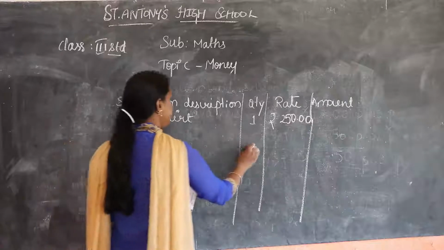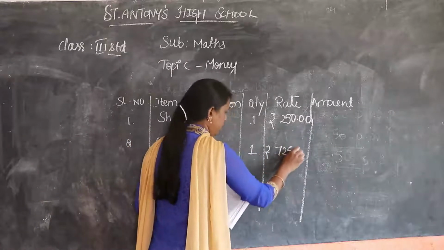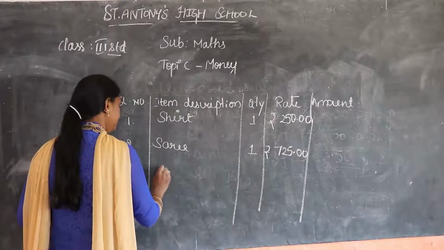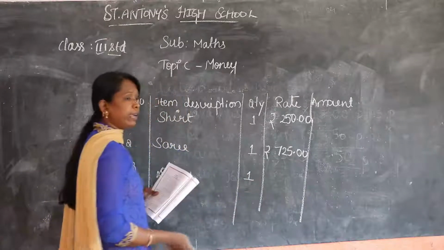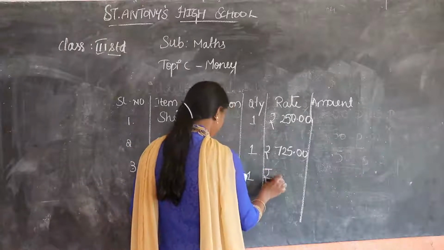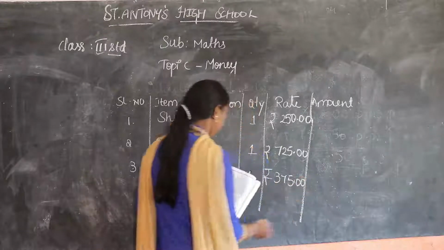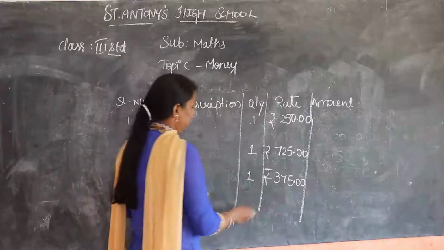The cost of one sari is rupees 725. Third one, dress. How much dress? The quantity of dress is only one. The rate of the dress is rupees 375. Okay. So now we have to write the amount column and then do the total.